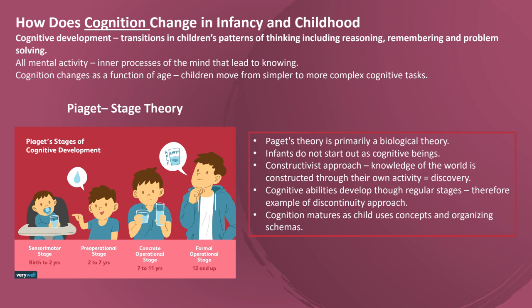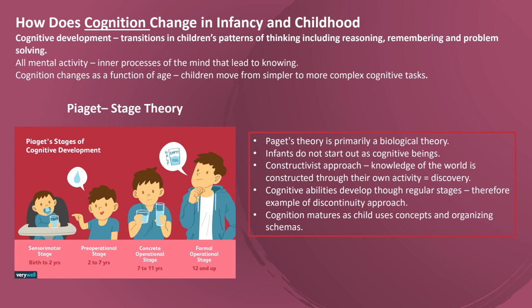And children don't start out as thinking beings. They basically construct the world through their own activities and through discovery. And the cognitive abilities develop through these regular stages, with the cognitions and the thinking of the child maturing as they use the concepts and they organize the schemas of what is available around them themselves. So it's very much driven by the child, nothing from within the environment, and it's biologically driven.